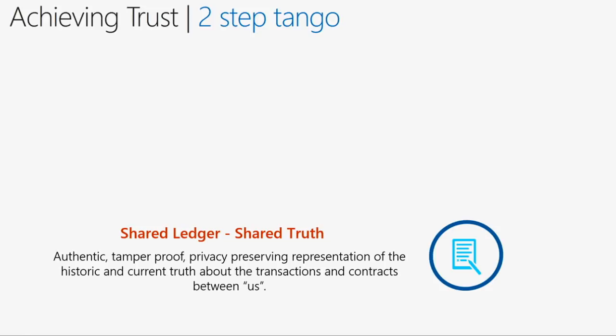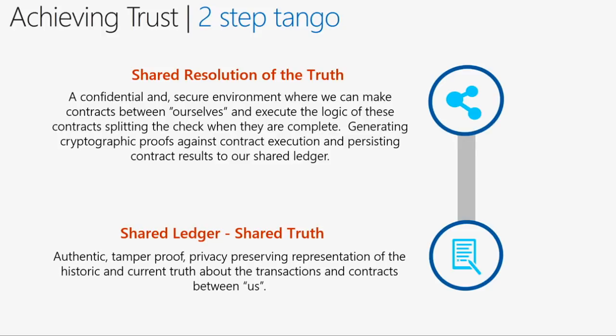If we abstract that away and think about a single logical shared truth between multiple parties, it's great for counterparties to look at transactions on the ledger and say, yes, we trust that this value is the truth. But I don't necessarily trust the resolution of that truth.